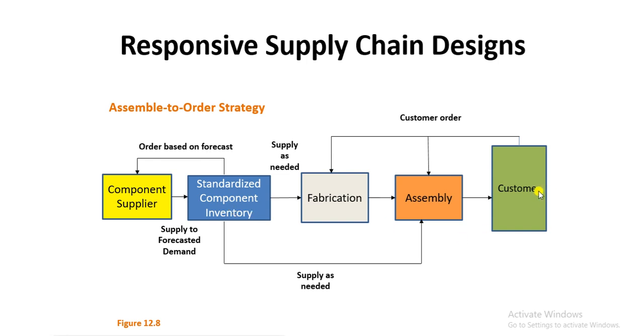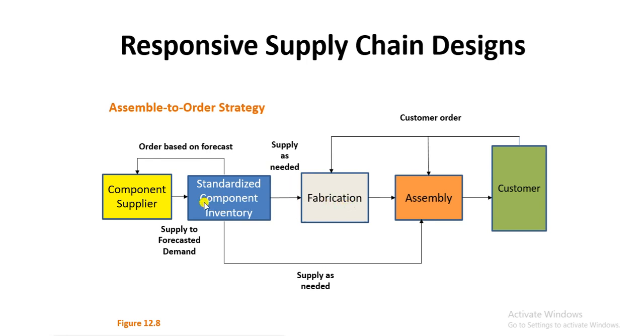So here the customer will make an order, and based on that order either you will assemble the product or you will go for fabrication. Fabrication means once you are applying any process on the raw materials, that is called fabrication. So you might apply any process or you might just assemble, and these things will be initiated after the customer order, and this inventory will be provided to the assembly unit or the fabrication unit as the need of that unit.